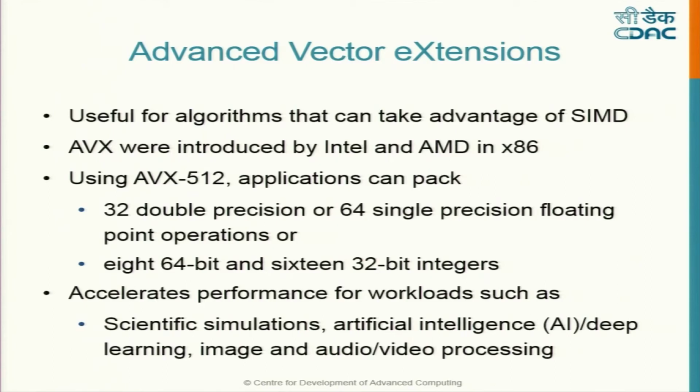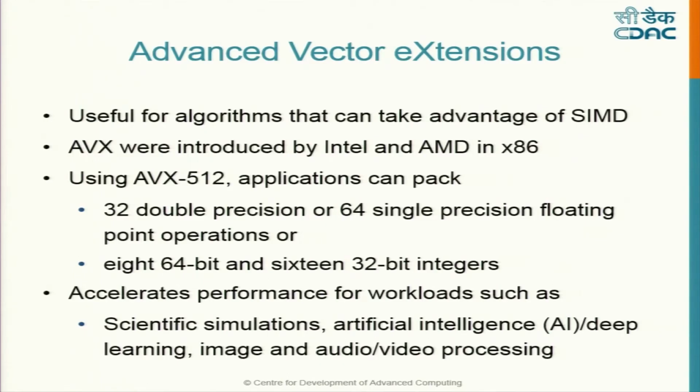If the precision is reduced to half, which means the accuracy becomes half, then you can take 64. For AI and other workloads, you don't need double precision; you may even need only single precision, so 64. Otherwise, at the other end, instead of 32 it can become 8. So what we are essentially saying is, you have 512 bits, and you can divide them into either 32 double precision or 64 single precision values. You tell how that instruction should work.